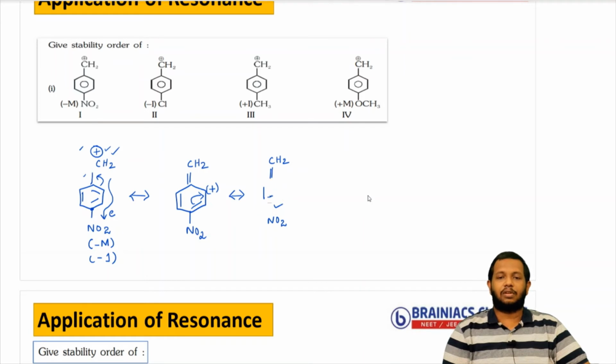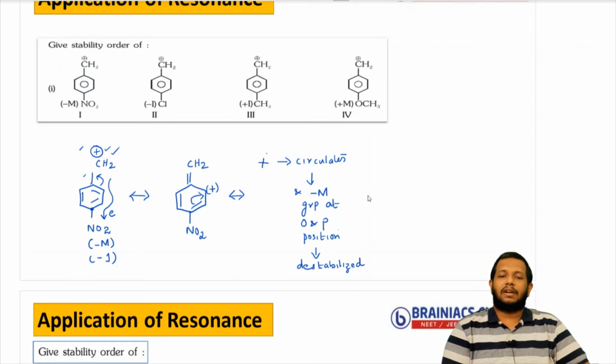An easier way to conclude this is very simple: if plus charge circulates in the ring, and there is a minus M group at ortho and para position, then the structure is destabilized, the opposite of stability.